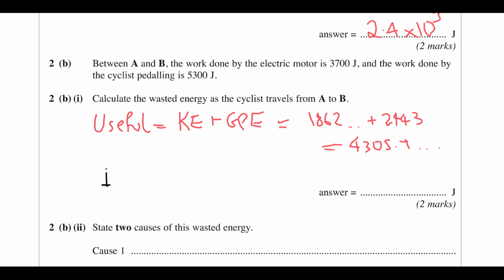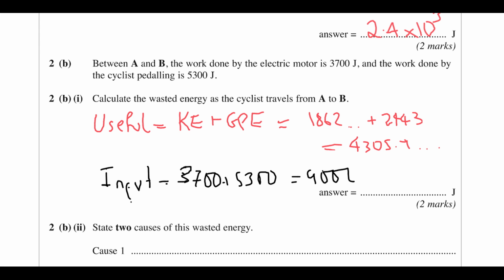The input energy is those two values we've got in the question added together, which is, what's that, 9,000 there. And then all we need to do is find the difference between that. So waste equals 9,000 minus 4305.9.